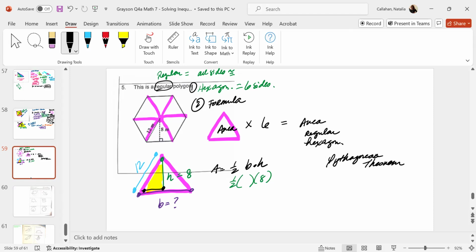A squared plus b squared equals c squared, right? A, B are shorter sides, C is the longest side. Which number is going to be your longest side of the yellow triangle? Good, 12 squared. Which one's going to be your shorter side? 8 squared plus B squared. Your B squared is going to be your question mark, right? This B is not the same thing as base, okay? All right, so solve it.